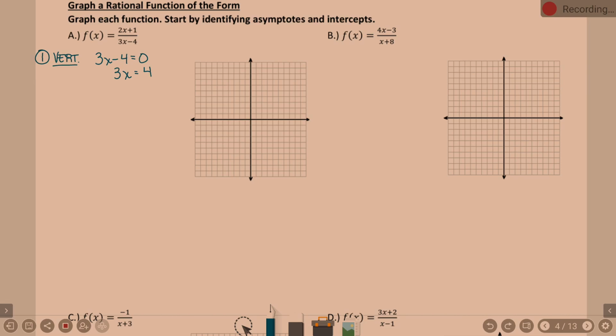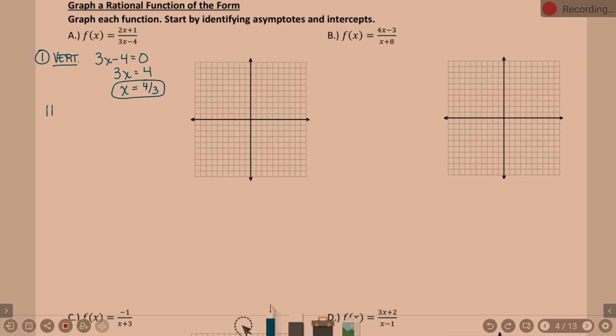If it's 3x minus 4, we're going to add 4 over, and then divide by 3, and x is 4/3. That is my vertical asymptote. It's not great, but it is what it is. Okay, it's a fraction, that's all right.